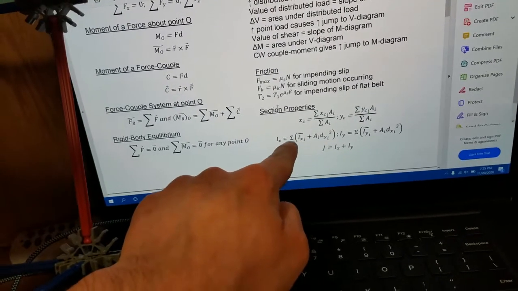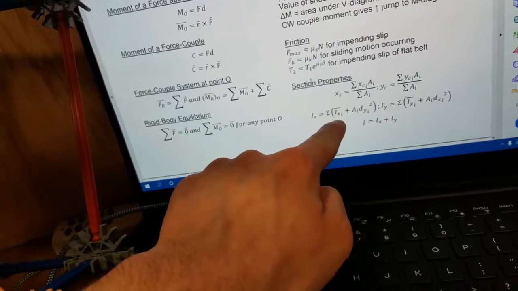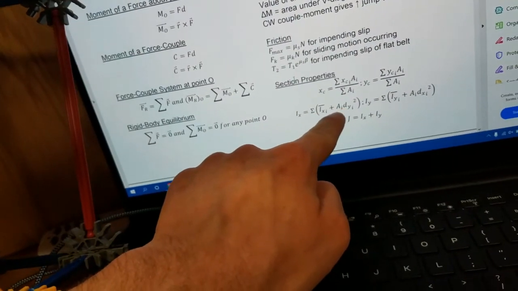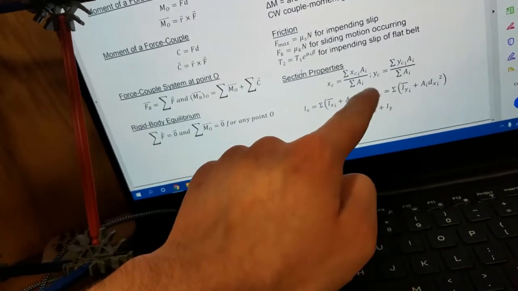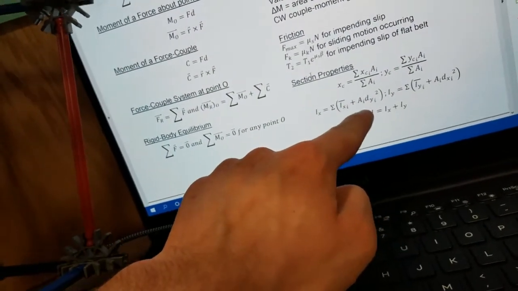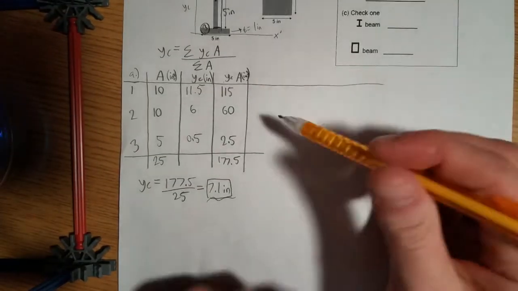This is what it gives us. So Ix is going to be equal to the sum of all the Ix's of each individual shape multiplied by the area of each shape and the dy, which I'll explain a little more, the distance from the axis squared. So hopefully that didn't make you too dizzy moving you there.